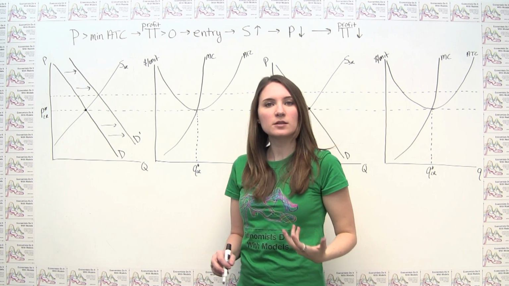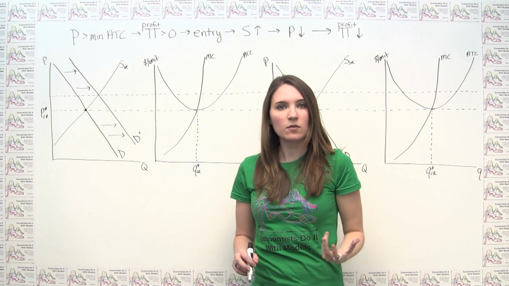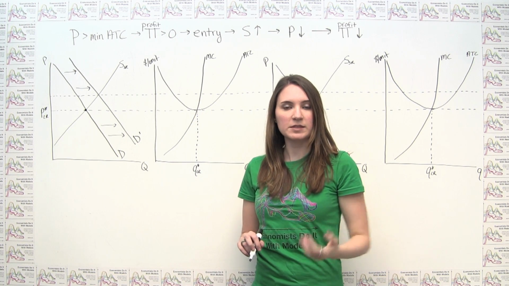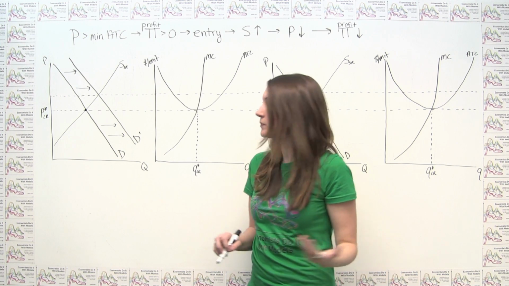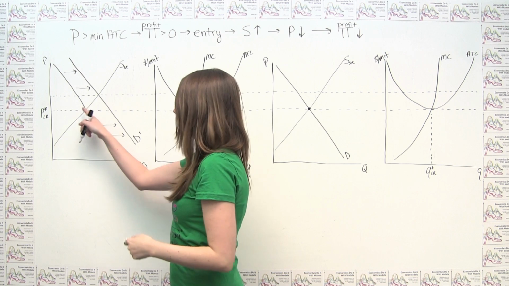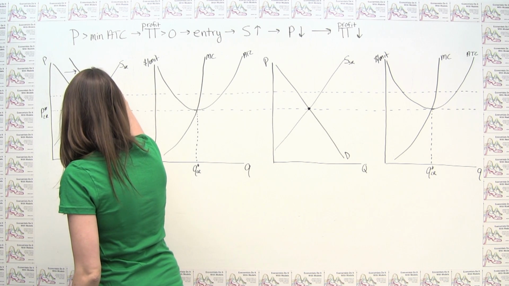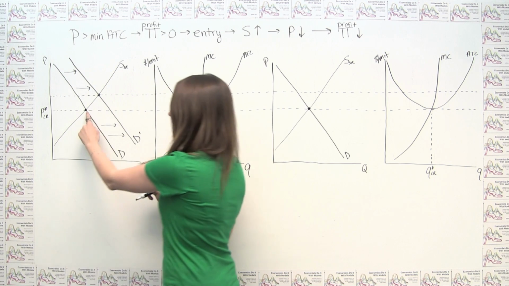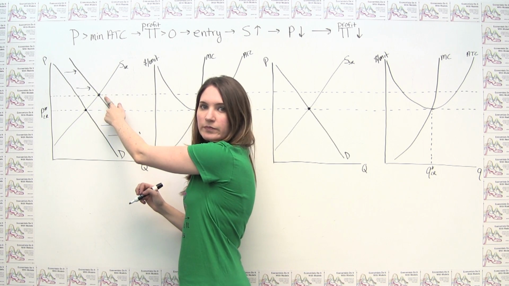Now, the first thing we can look at is that in the short run, we see exactly what we saw when we talked about comparative statics earlier. In the short run, we get an increase in both price and quantity, and we move from this equilibrium down here to this equilibrium up here.